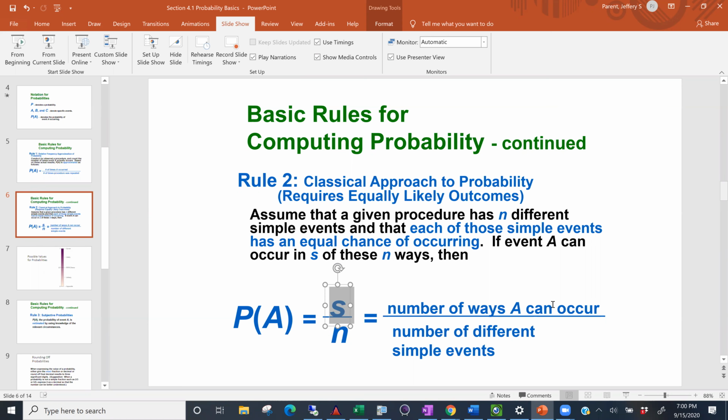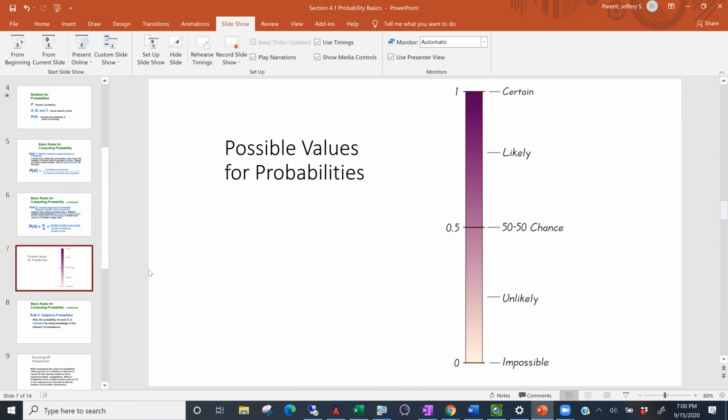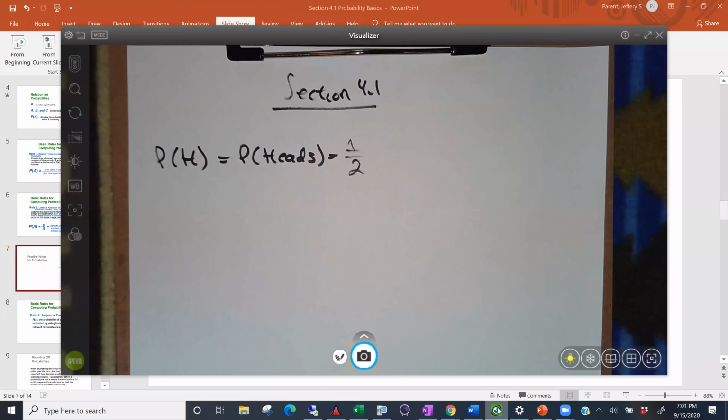Something might not be able to occur at all, so the number of ways it could occur would be 0. In which case you have 0 over n, which is just going to be 0. Now, on the other extreme, something could always occur. In which case its probability would be n over n, which is 1. And so your possible values for probabilities fall between 0 and 1.